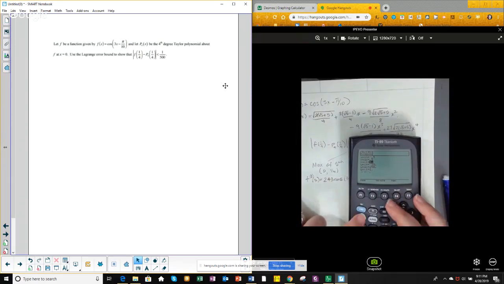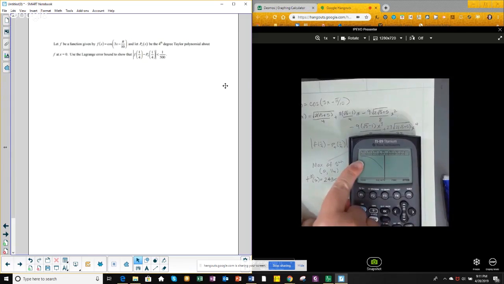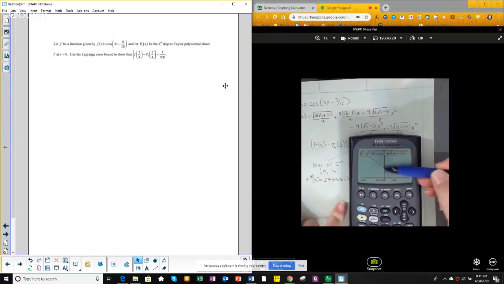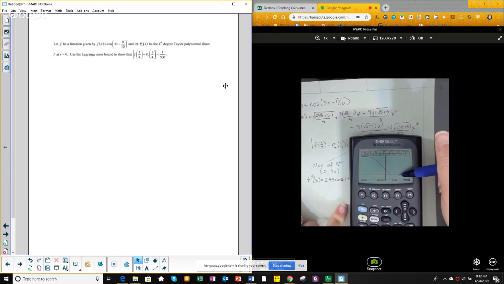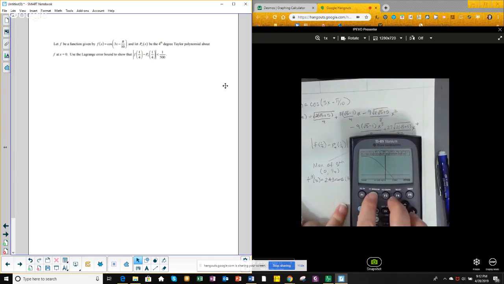All right, and we're going to go diamond graph. And there it is up at 243, and it's coming down. And I need to know what the maximum is between 0 and 1/4. Well, this function is clearly decreasing after 0, past 1/4. Let me expand the window here. Let's make this negative 50, just to make sure, although 0.25 is right in the middle of this, I need to make it bigger.